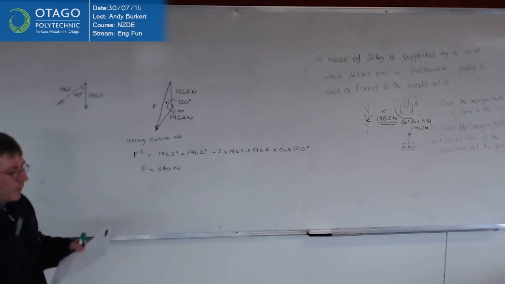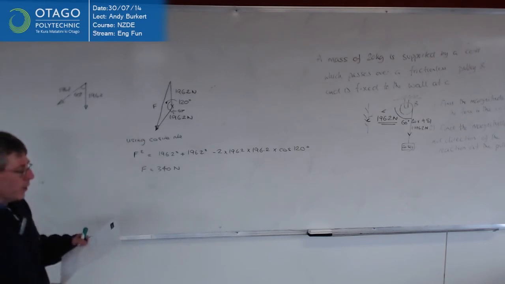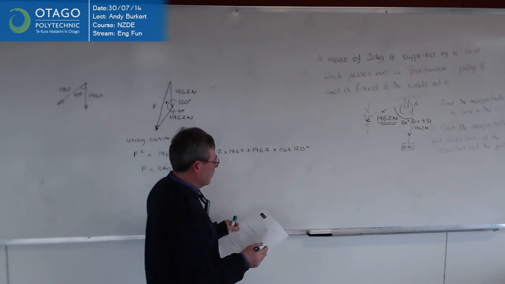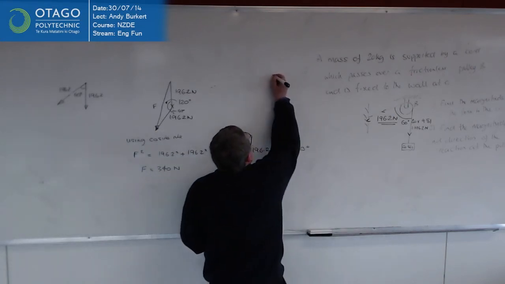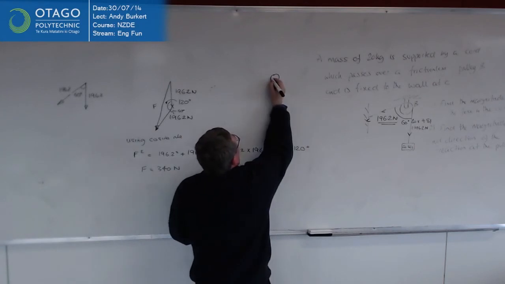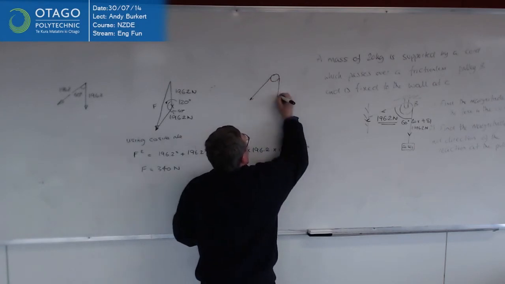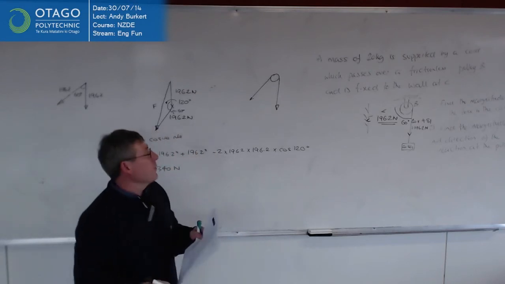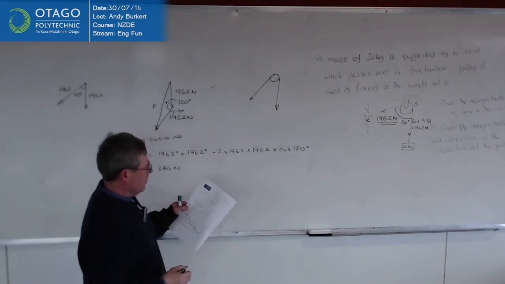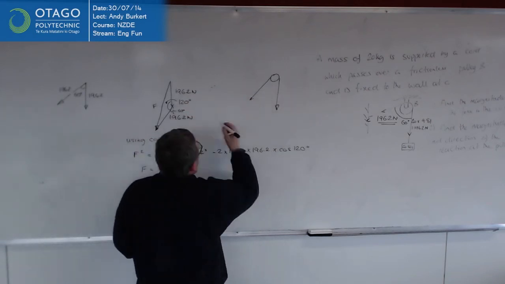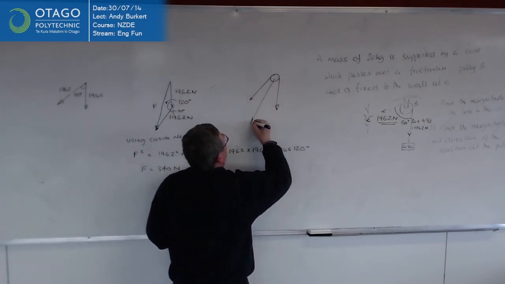So now, if you think about it, on our pulley, let's draw it over here. Here's our pulley, and we've got our force acting there like that, and there are two forces acting there, which give a resultant. If you look at this, it's acting down here. There's our resultant.